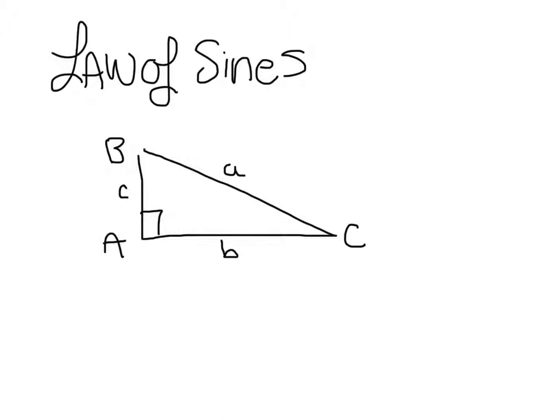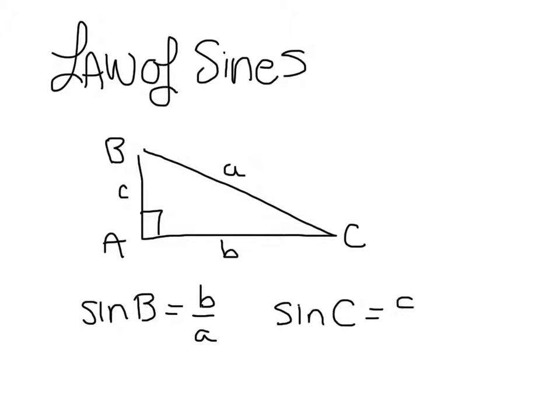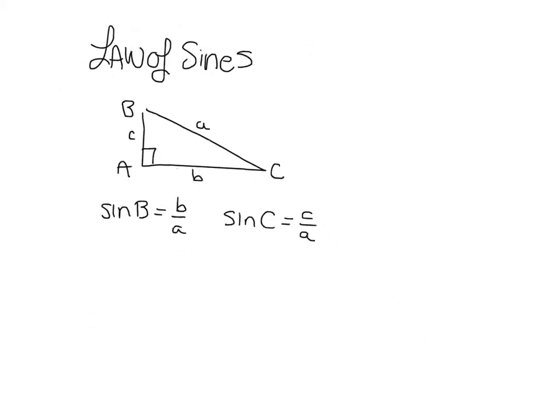If I were to write the sine function, the sine of angle B is equal to b over a, and the sine of angle C is equal to c over a. That's just by your opposite over hypotenuse rule. Okay.